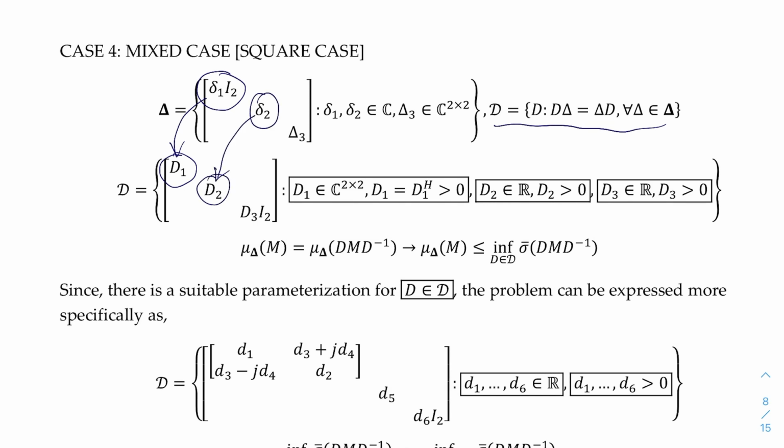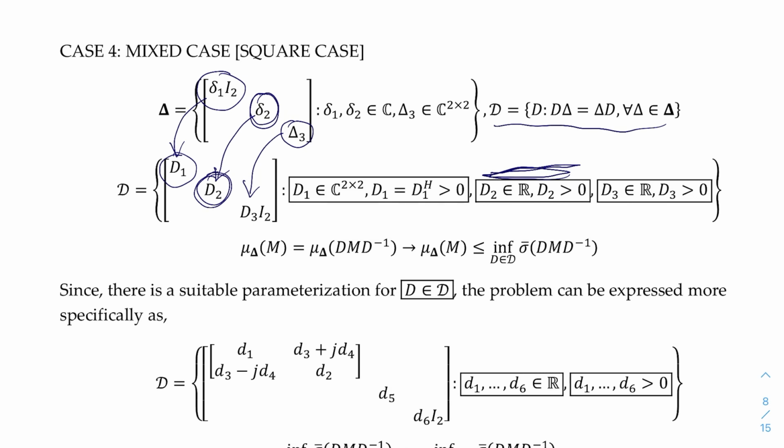Okay, and then corresponding to that uncertainty subblock, we have D2, and D2 is, due to the reasons we explained earlier, a positive real number, right? Again, this is one of the easy cases.